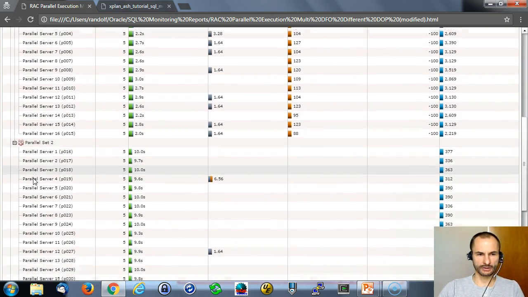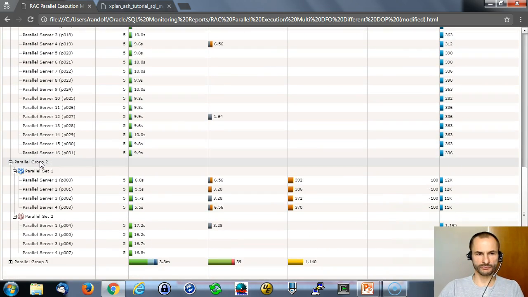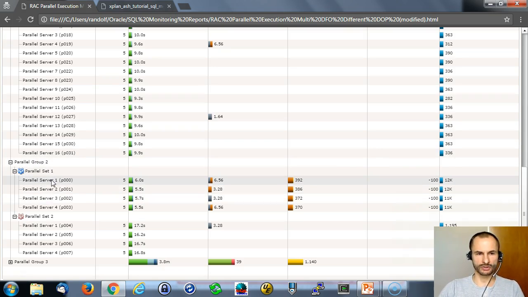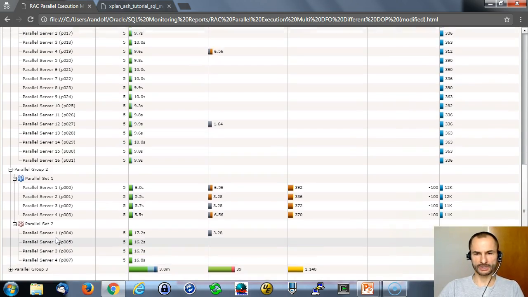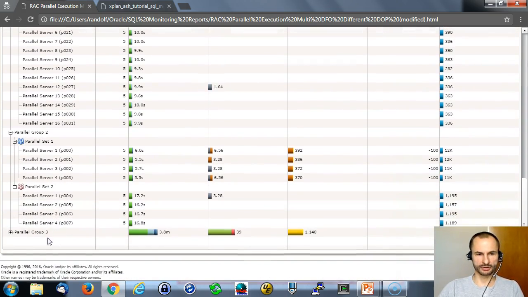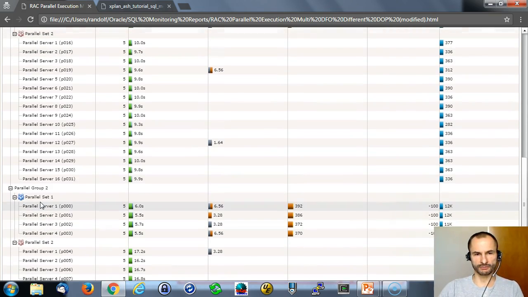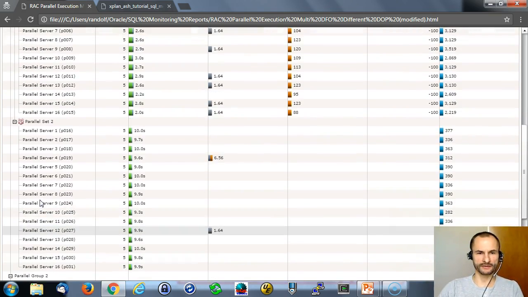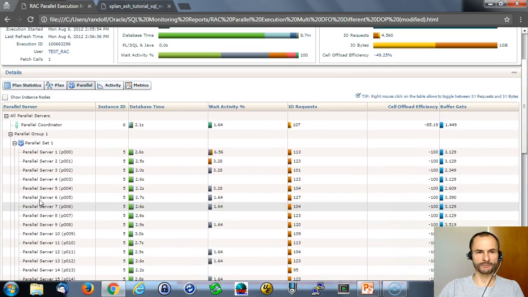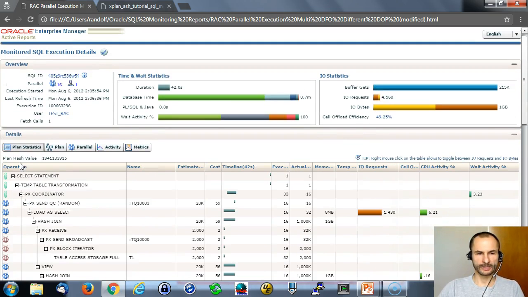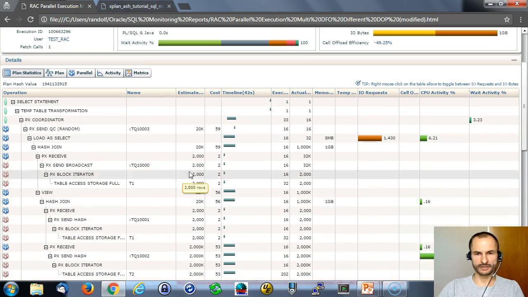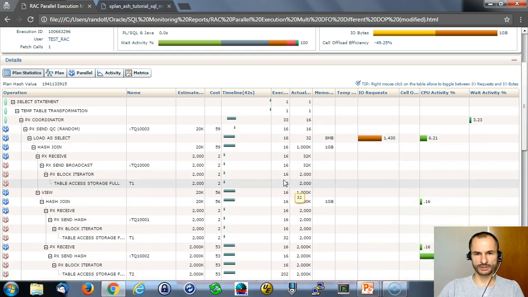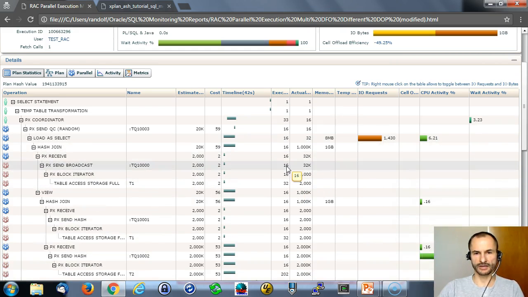But then going further down, we have this DFO tree number 2, which actually operates at a degree of 4. So this is the same parallel execution plan, and we actually have these multiple DFO trees, and each DFO tree can operate at a different degree and gets its own parallel slave sets, which is also reflected in this real-time SQL monitoring report. You can also see it confirmed here, that these operations are all executed 16 times.